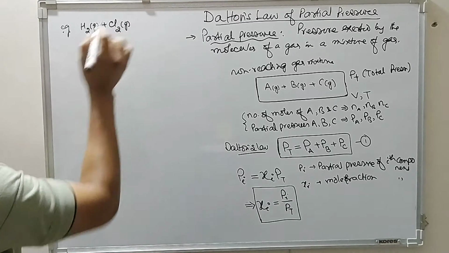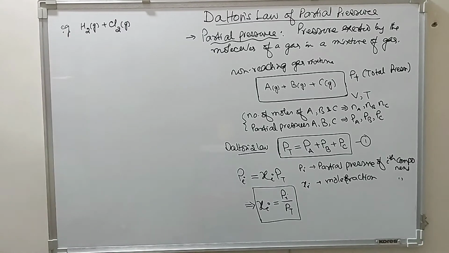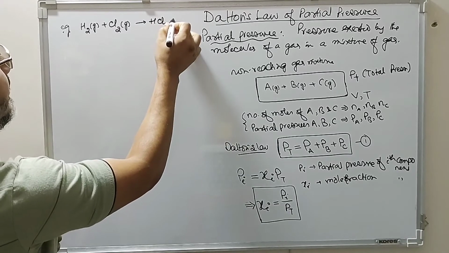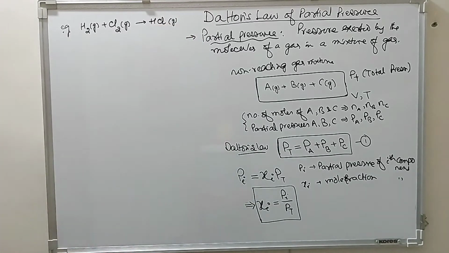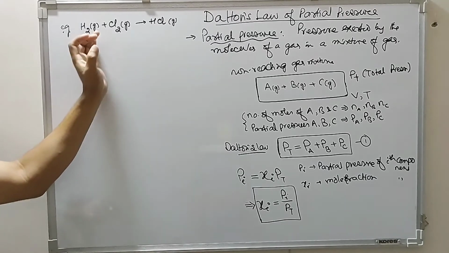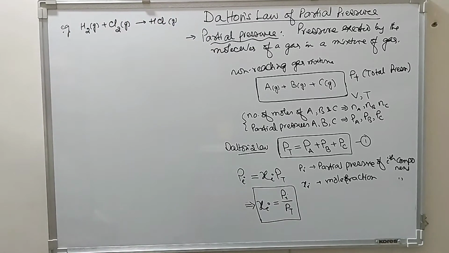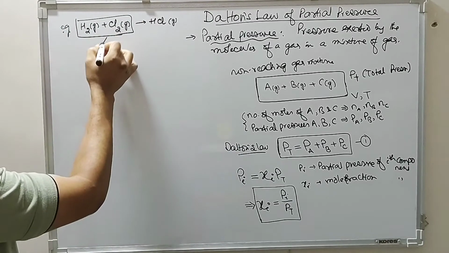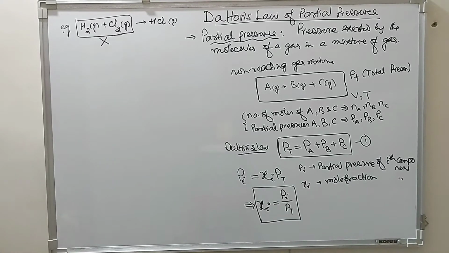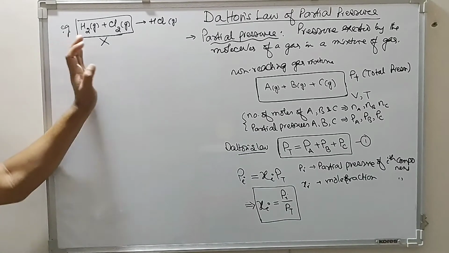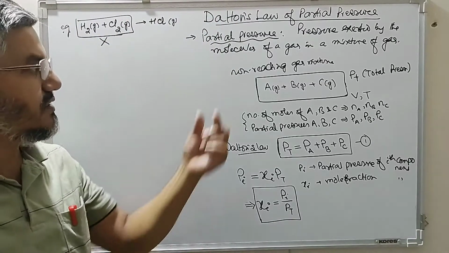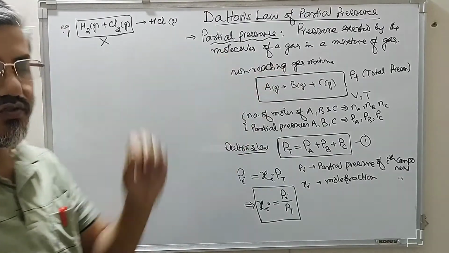Suppose we have a mixture of these two gases. Now hydrogen gas and chlorine gas react to form hydrogen chloride gas. Whenever we have a mixture of hydrogen gas and chlorine gas, this always reacts to give you hydrogen chloride. Since there is a chemical reaction between hydrogen and chlorine in this mixture, Dalton's law of partial pressure will not be applicable, whereas Dalton's law says this has to be a non-reacting gaseous mixture.